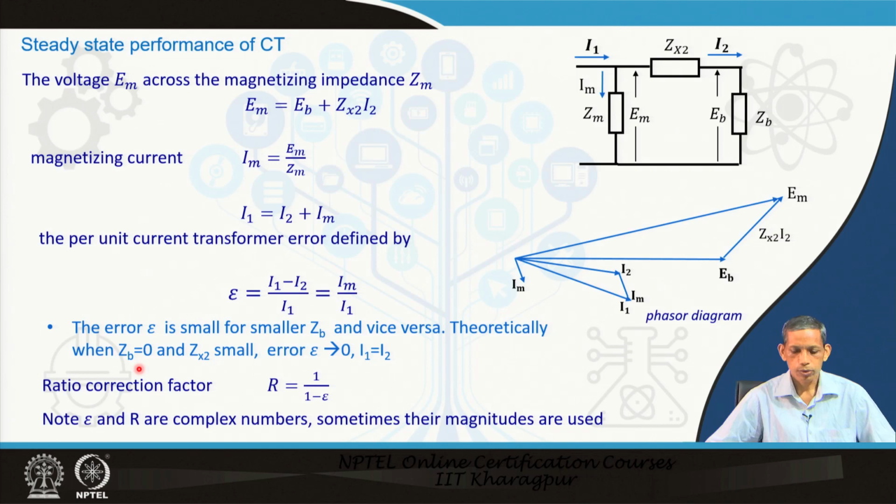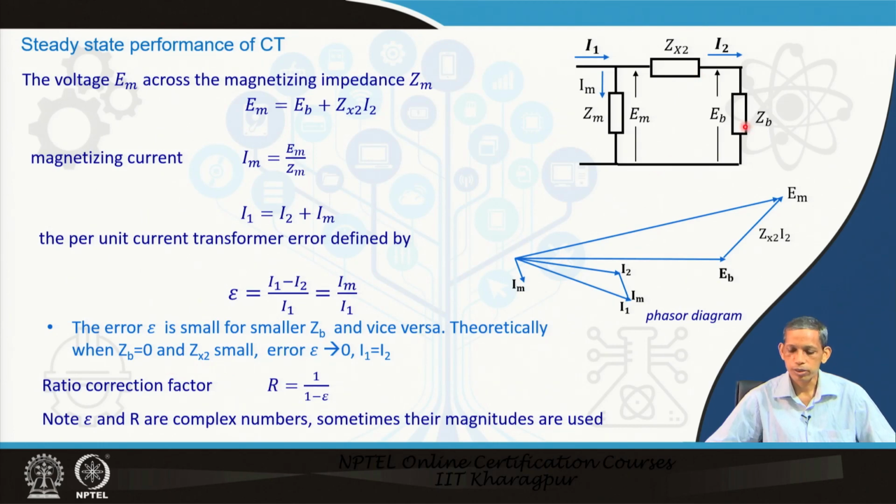Theoretically, when Zb is very small, this path will be a very low impedance path, so most of the current will flow through it, while Im is small if Zm has a very large value. So the epsilon error is small for smaller Zb and vice versa, and this epsilon error is also governed by the Zm part. If Zm becomes very large, the error will also be smaller, in general.